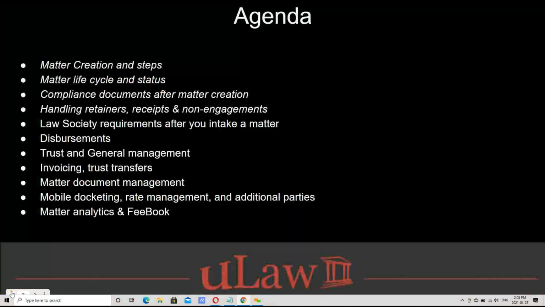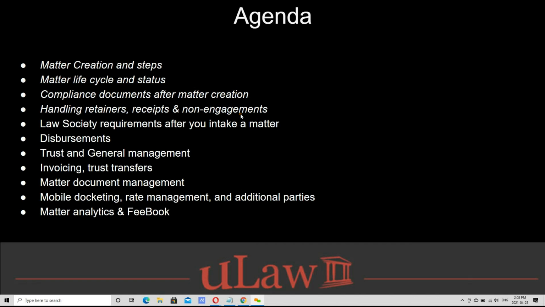So going back to the agenda, we talk, of course, about the actual engagement itself that's been written on the retainer letter. We talk about trust, general management, the important steps that you have to take within that file that fundamentally reflects the financials that you then have to reflect within your ledgers and journals. Because what you do within the matters, what you do within the file, and the financial aspects are just part of that transaction encapsulation, right?